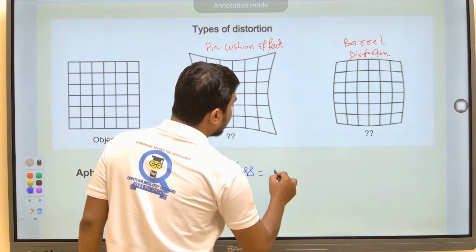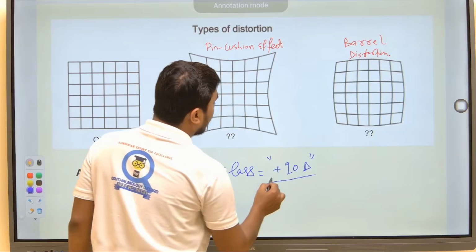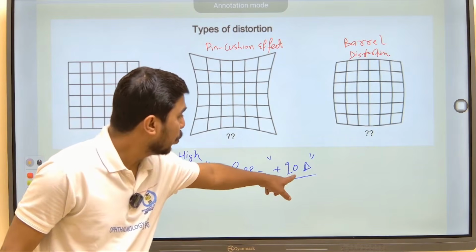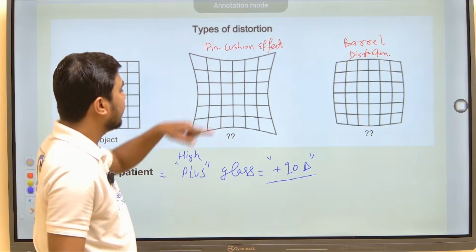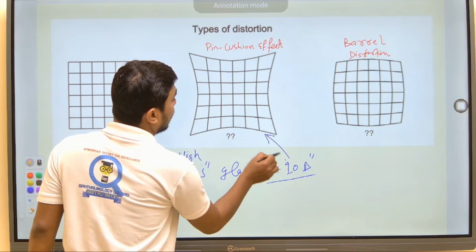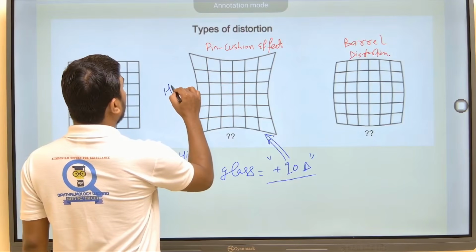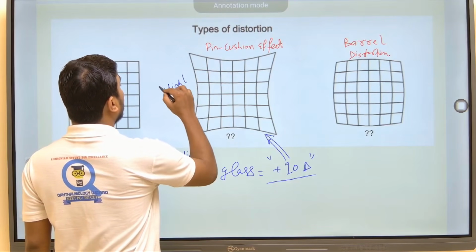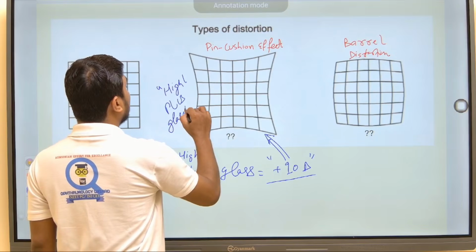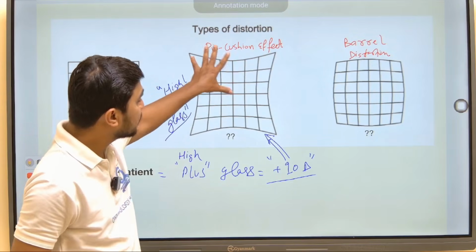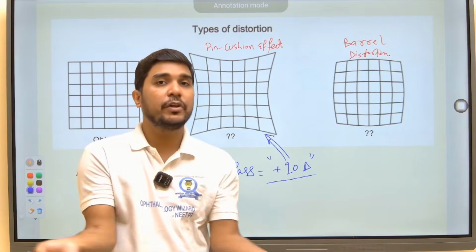I usually prescribe plus 10 diopter glasses. So when the patient wears this high plus glass, he will have this effect. So this effect is because of the high plus glass. The pincushion effect will be seen in an aphakic patient, because an aphakic patient will wear high plus glasses.